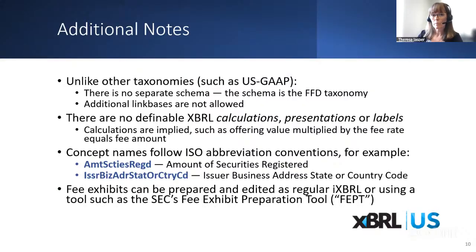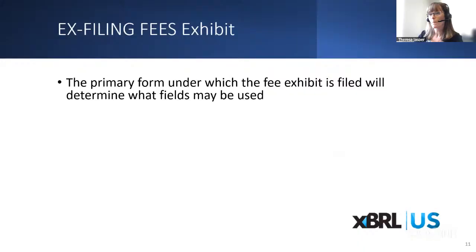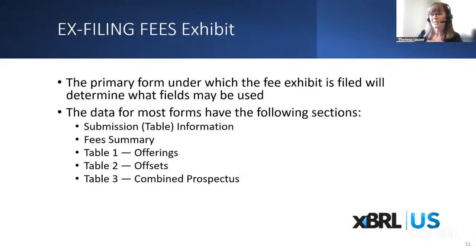Fee exhibits can be prepared and edited as regular iXBRL or using a tool such as the SEC's Fee Exhibit Preparation Tool, or FEPT. EX-FILING FEES exhibits. The primary form under which the fee exhibit is filed will determine what fields may be used, as Angela mentioned.